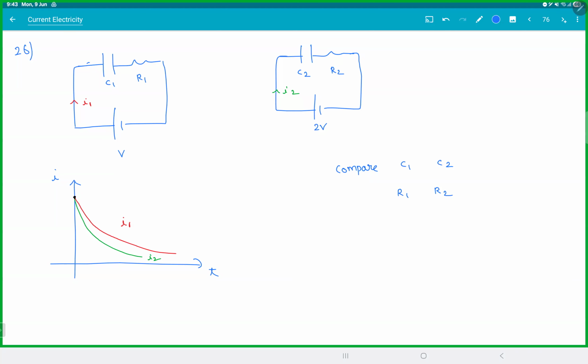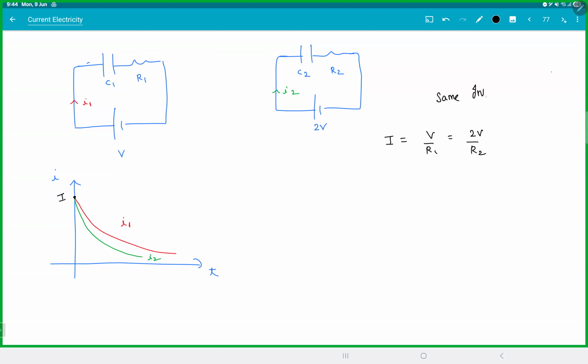Okay. They're not equal, right? Arush might be right. Let's see. First thing, when you notice the graph, both have the same initial current. For an RC charging circuit, if you see the initial current, both are empty, so it is V by R. So this is V by R1 and this is 2V by R2, and they have same initial current.